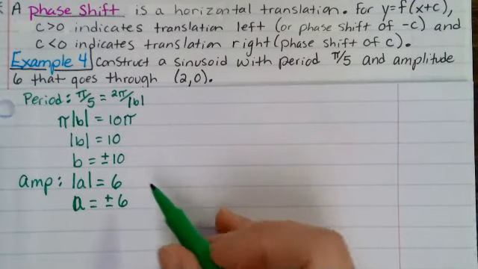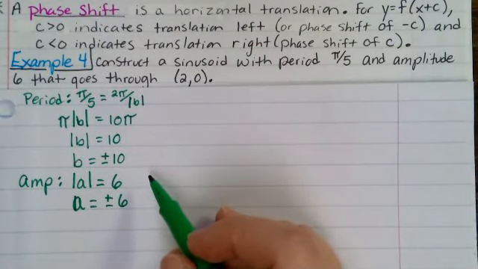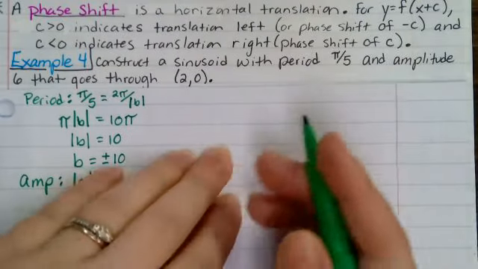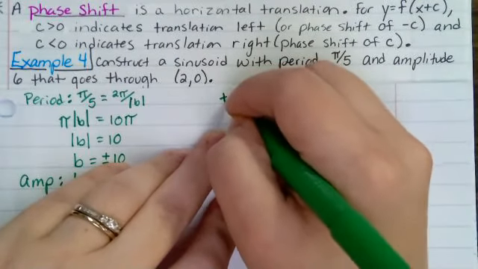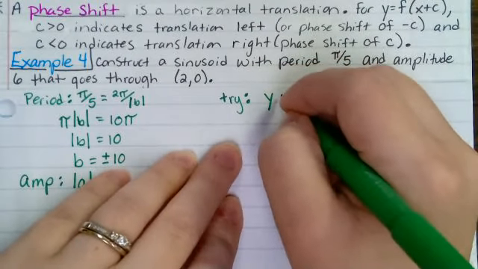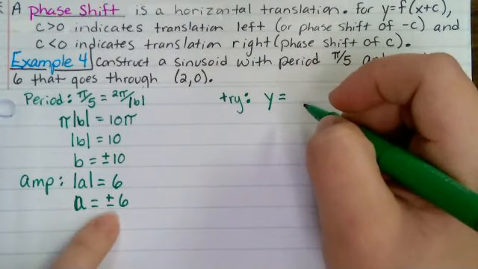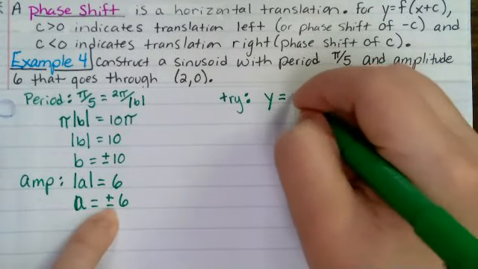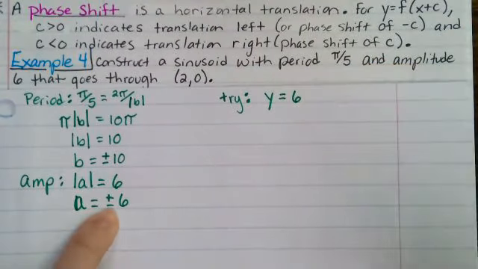So let's see what we've got here, and let's try and see what this looks like. I'm going to try with the information I have right now. I'm going to try a function that says y equals my amplitude. Let's pick positive 6 just to see. If it makes it better to reflect it, we will.